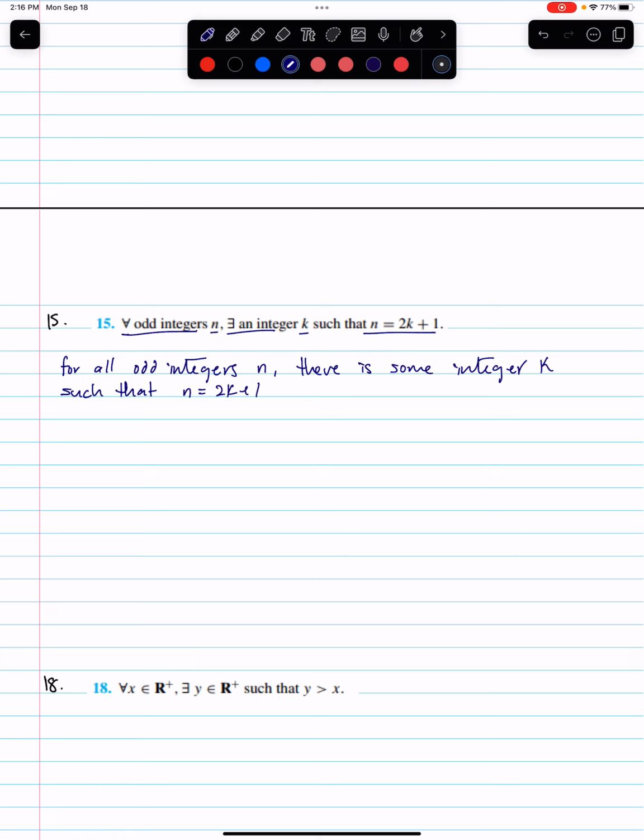That's as simple as it can get, to be honest. I guess you could say where instead of such that, but that's essentially what the sentence means.